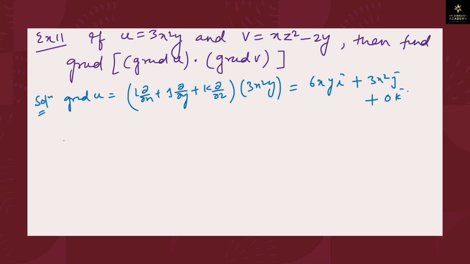And we have gradient of v as i del upon del x plus j del upon del y plus k del upon del z times of this, x z square minus 2y.